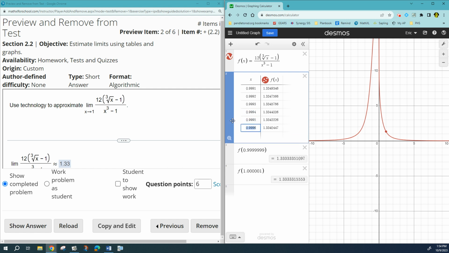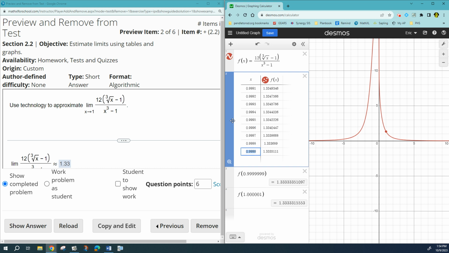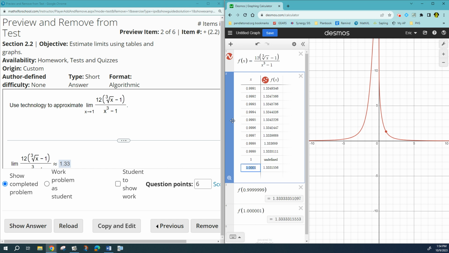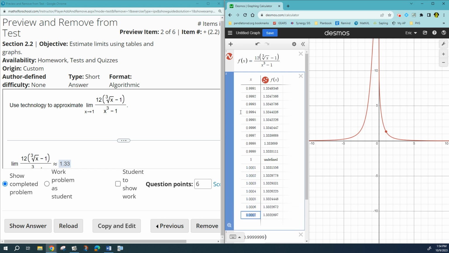Just keep going up towards what I'm getting at. You see that's clearly approaching 1.33, and if I keep going on the other side, as we walk backwards towards 1 from the right, I'm also getting closer and closer to 1.33. Anybody see that? You don't have to do any math on this. You're encouraged to just use technology. Make sense?